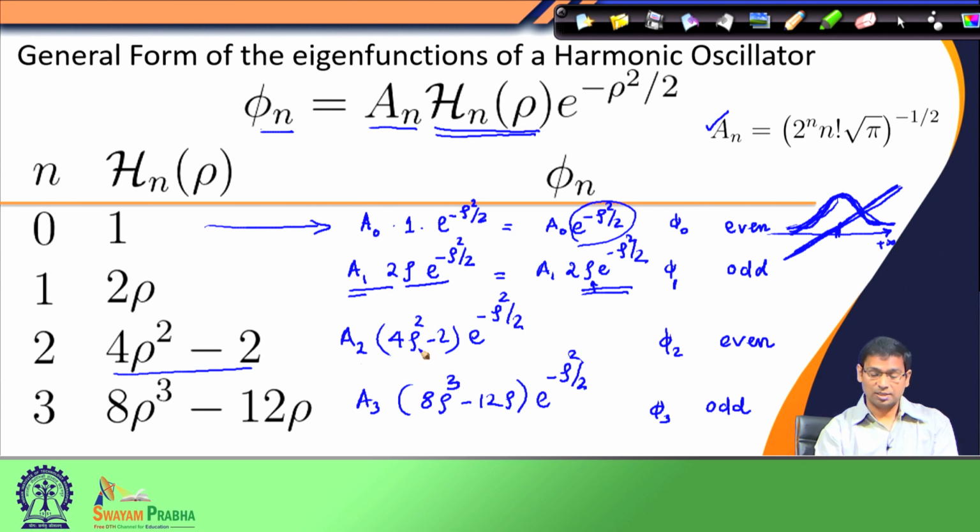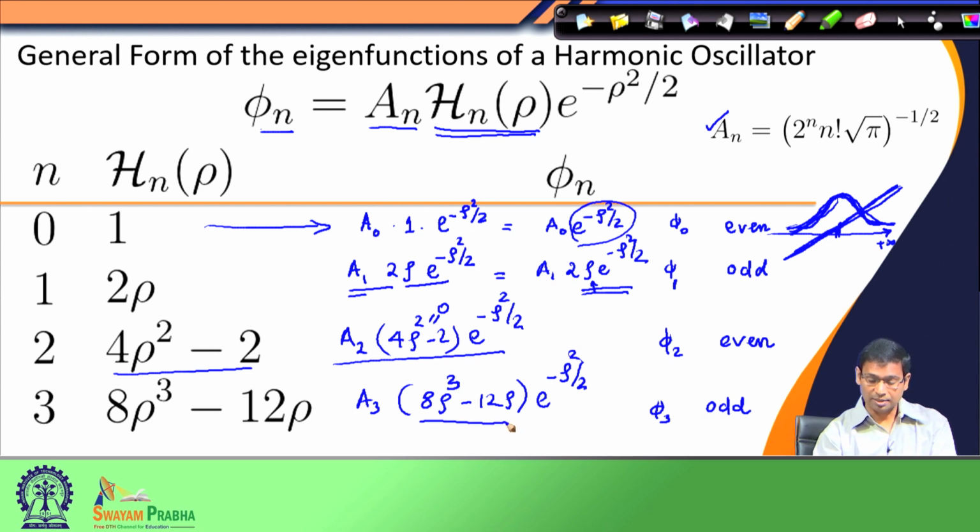Come here, look at this phi 2 form: e to the power minus rho square by 2, this is a Gaussian function. Now, I have to multiply this with a polynomial which is 4 rho square minus 2. I can see where this 4 rho square minus 2 becomes 0. So, if I find out the values of rho where this function will become 0, then I would know at what values of rho I will have the nodes in these wave functions.